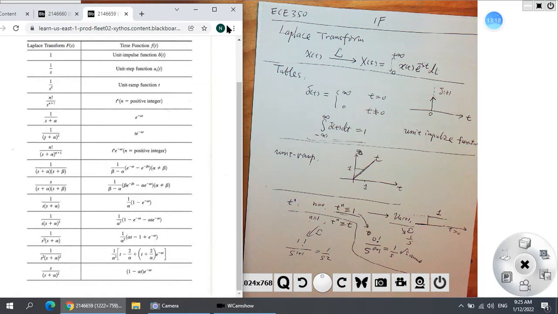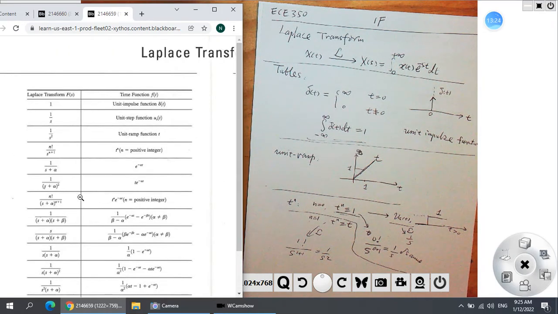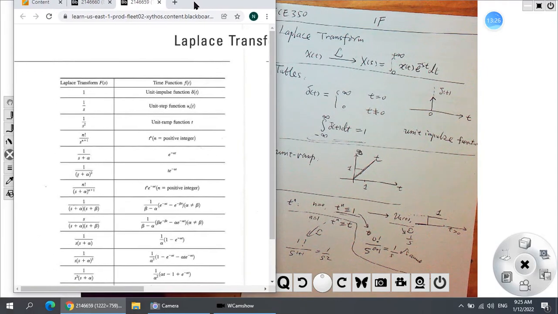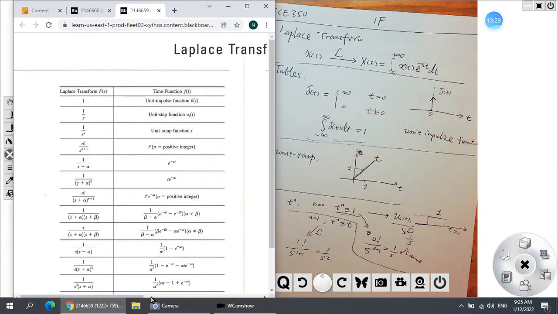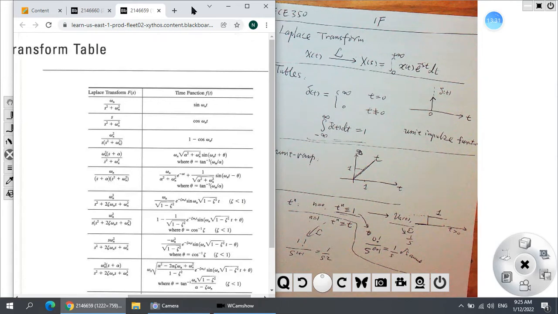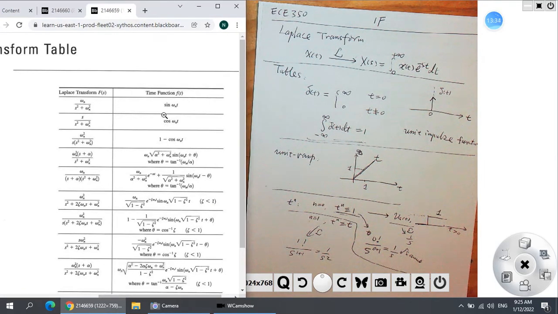Okay, this is one side. The other side, this graph. Can I see the other side? Okay, this side, the signal. Here it is more complex, but in the first 3 lines there are some simple ones: sine, cosine, and 1 minus cosine, and so on. Actually, the most commonly used are sine, cosine, and this line.